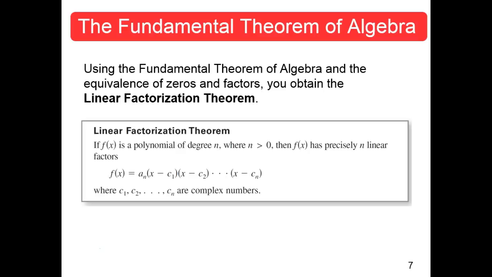If we could have factored and had x plus 3 times x minus 5 equals 0, what would be our next step? Yeah, set each of them equal to 0: x plus 3 equals 0, so x equals minus 3, and x minus 5 equals 0, so x equals 5. That's exactly what we would do.